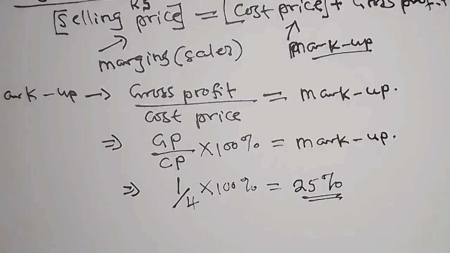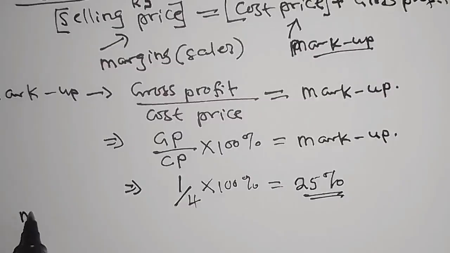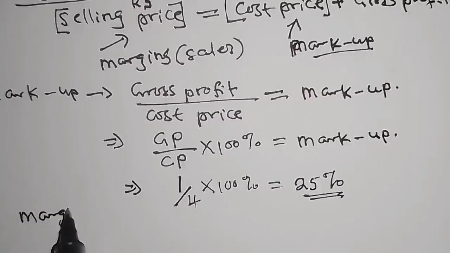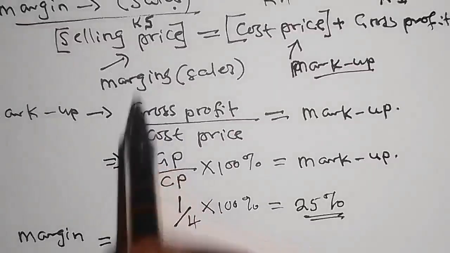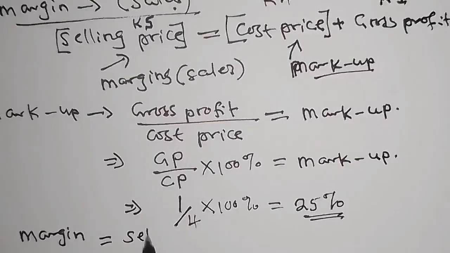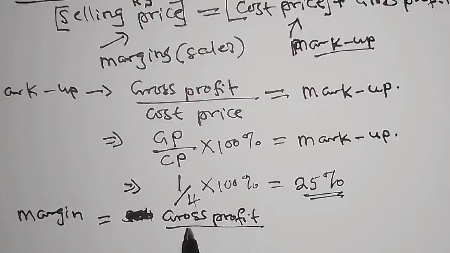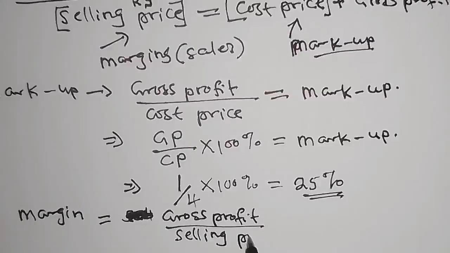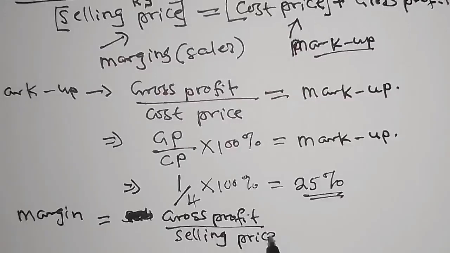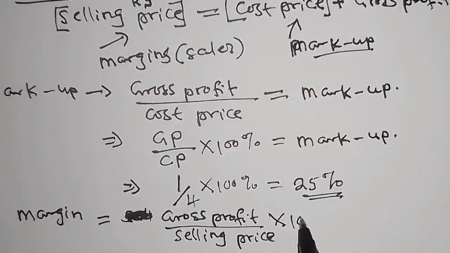Now what about the margin? When you look at the margin, it deals with the selling price. So it is the gross profit over the selling price, expressed as a percentage.